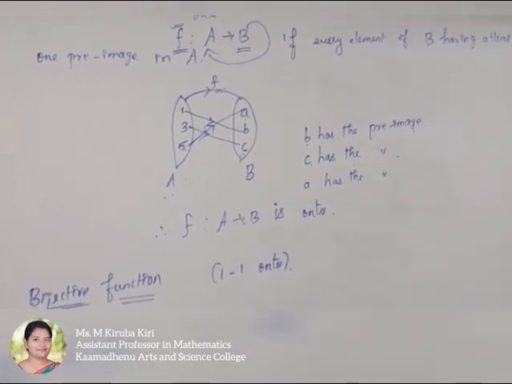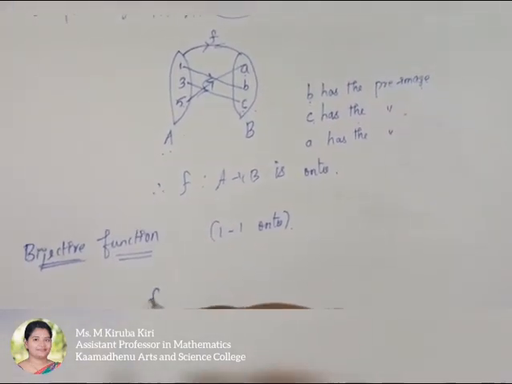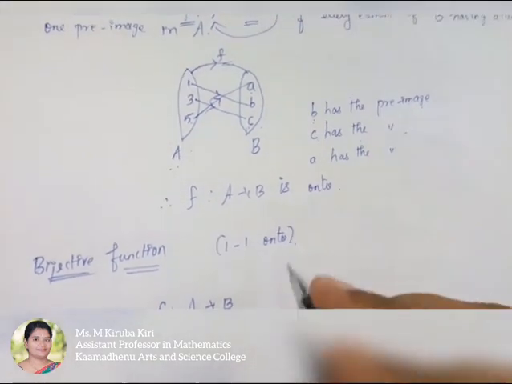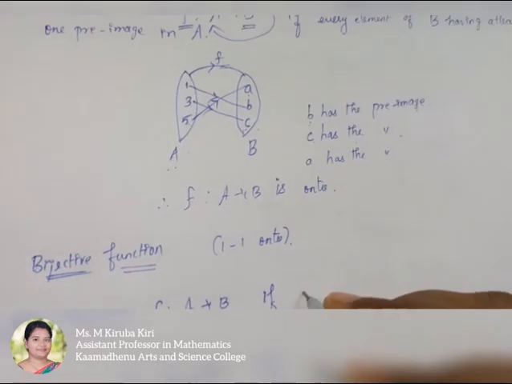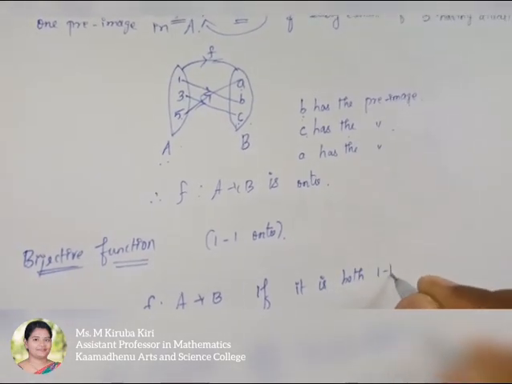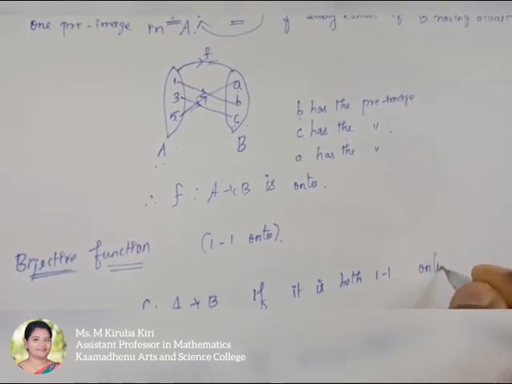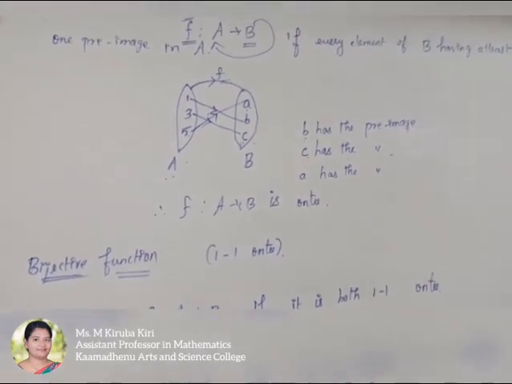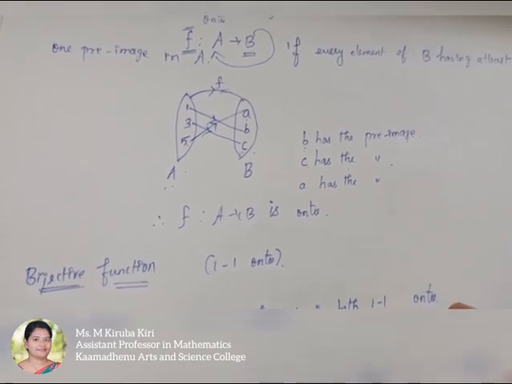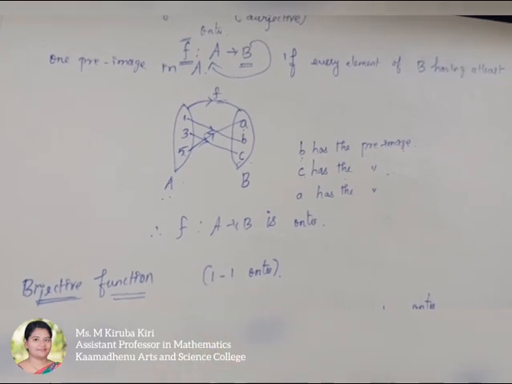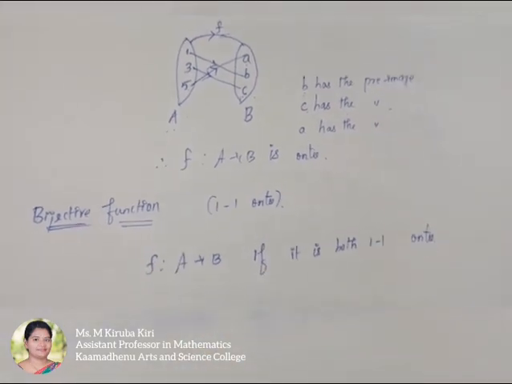A function f from A to B is said to be bijective if it is both one to one and onto. Which function satisfies both one to one and onto conditions, that function is called a bijective function.